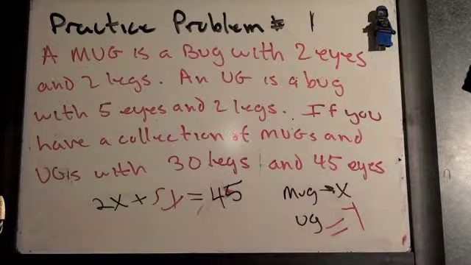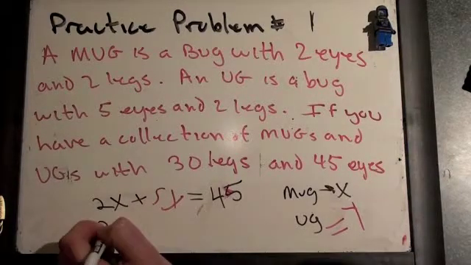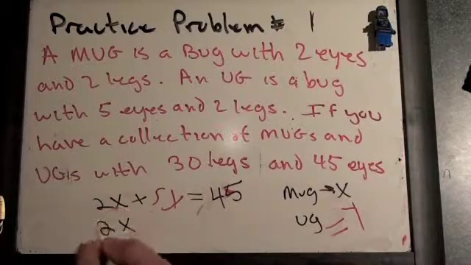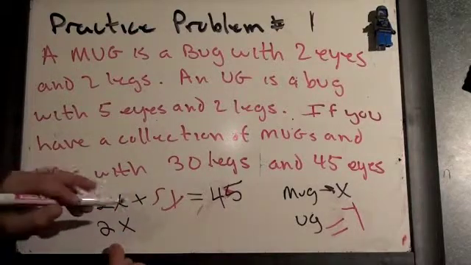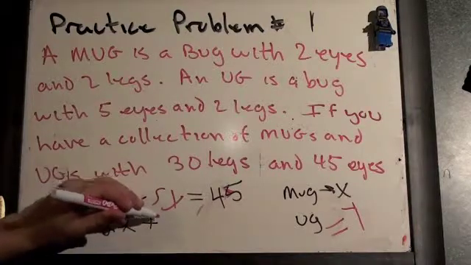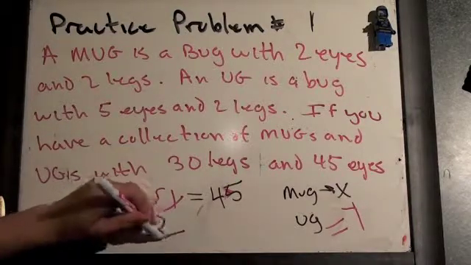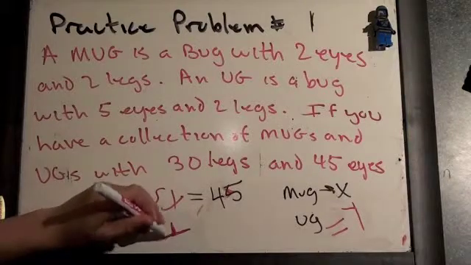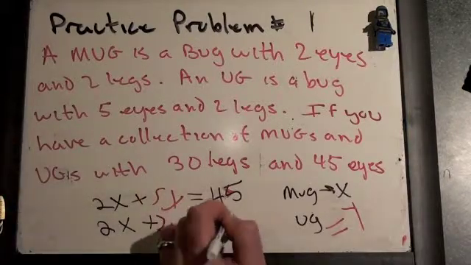And now let's do the legs. How many legs does each mug have? 2. So we know that 2x is the total number of legs that the mugs have. And the uggs both have 2, so how many legs total do the uggs have? 2y. What does that add up to? 30.